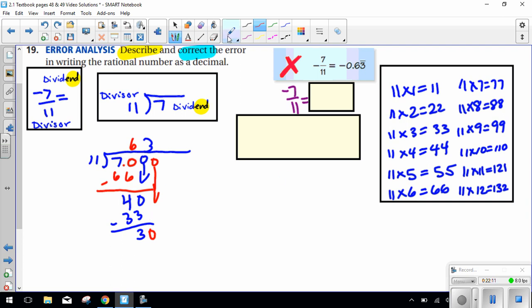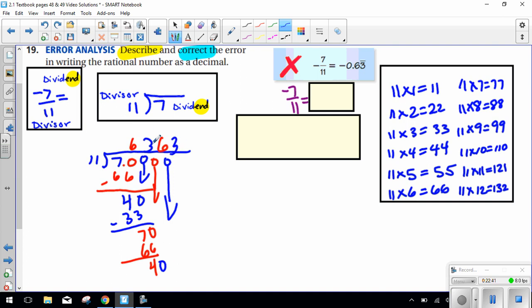Nope, I made a mistake. This should be 7 and bring down. 11 goes into 70. Can't be 7 times because the product 77 is too big, so it must be 6. So 6 times 11 is 66 with 4 left over. I will add a 0 and bring down. 11 goes into 43 times.